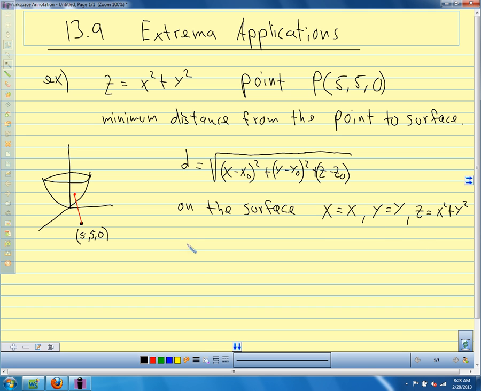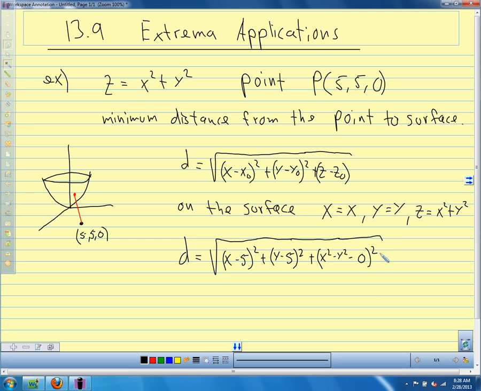So the distance on the surface is going to be the square root of (x minus 5) squared, that's our point that we're interested in, plus (y minus 5) squared, plus, and our point z, we're going to say (x squared plus y squared) minus 0 squared.